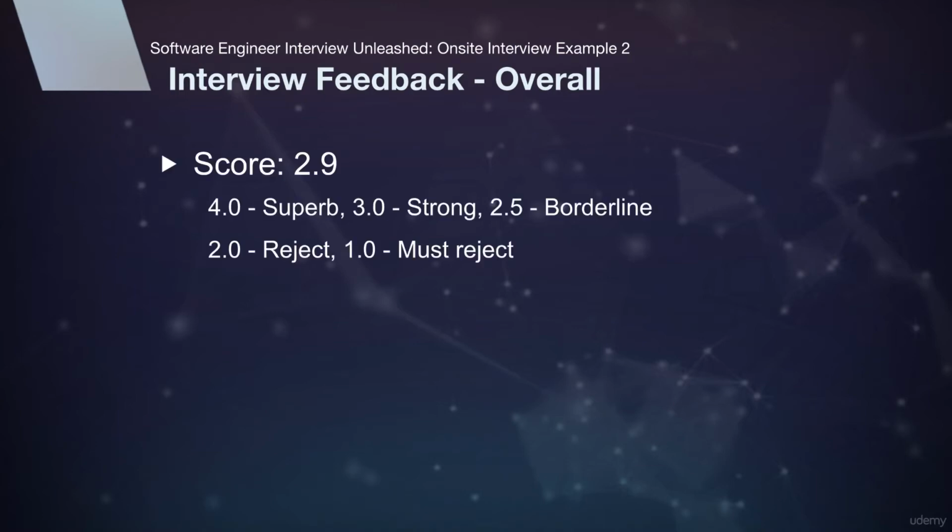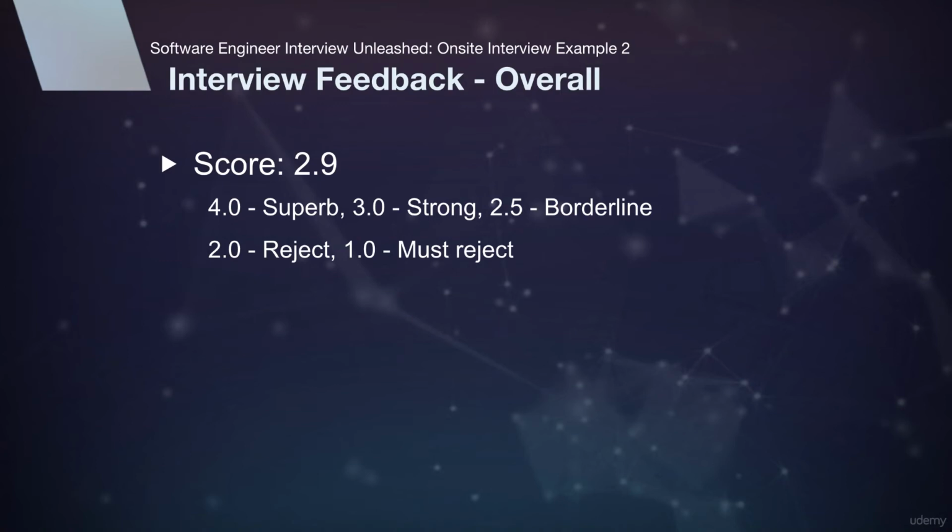Overall, during the interviews, he demonstrated quite strong technical skills. So I would give 2.9, mainly because his coding is a little bit slow and his code doesn't look well organized. But still, 2.9 is quite a high score. 2.5 is a borderline, 3.0 is quite high, and 2.9 doesn't hurt anything.